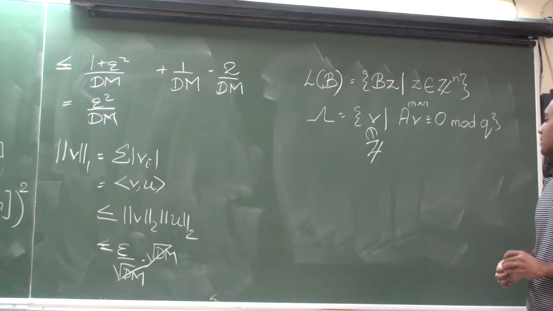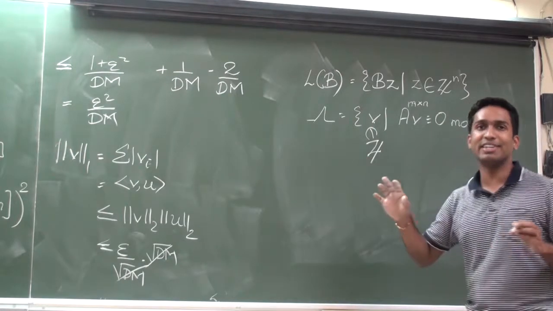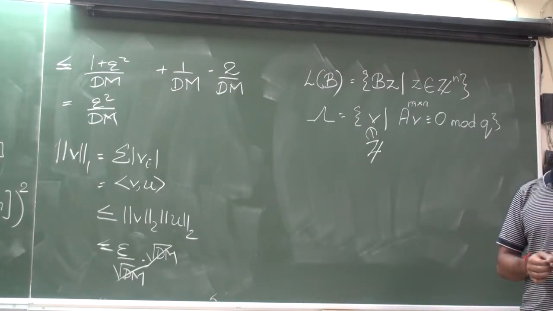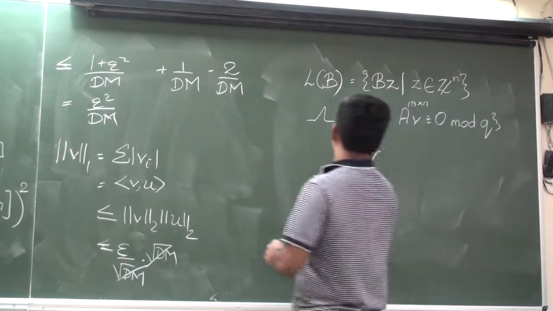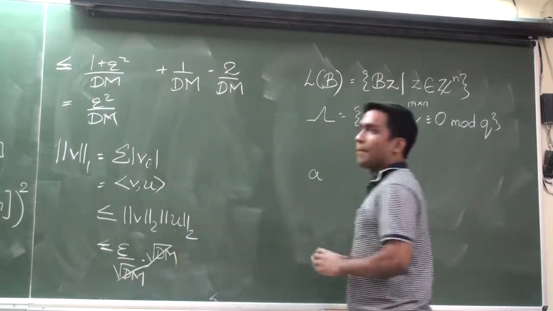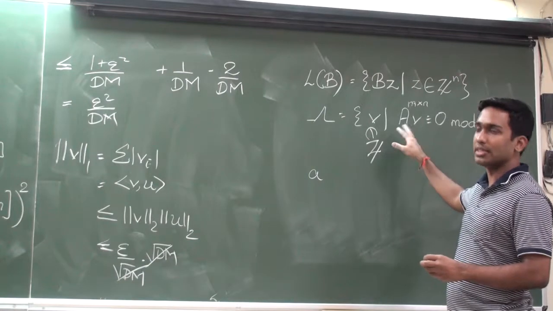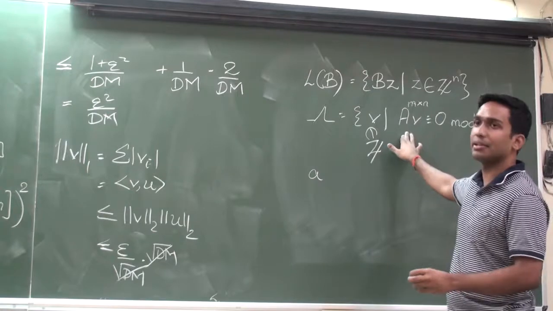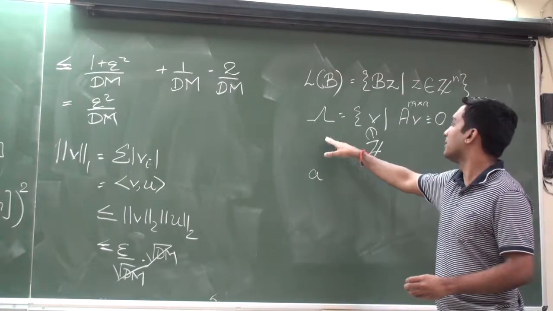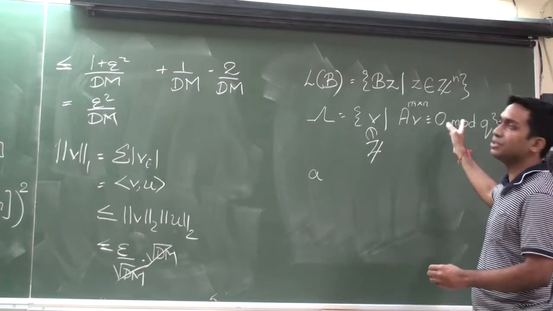But the interesting thing is that it shows that I can generate a hard lattice and at the same time generate a short vector for this lattice. Hard lattice means, I give you this A. The description of the lattice is just A, and then the lattice vectors are any V that takes A to 0.